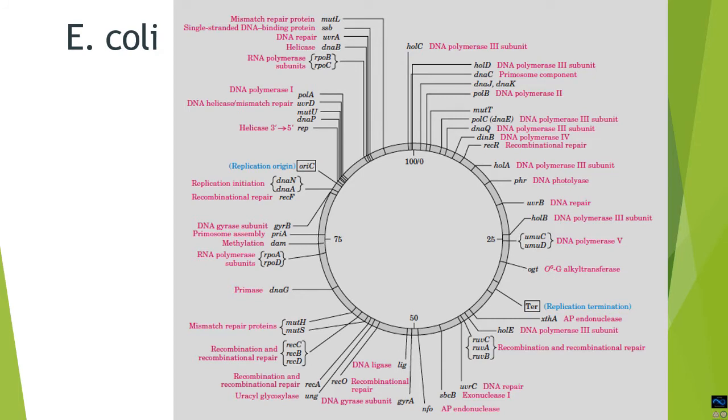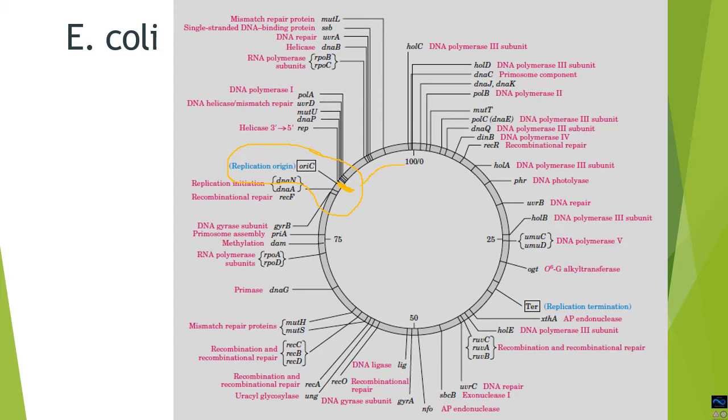In this figure, you will see the E. coli genome in its complete structure. There are two important regions present in the circular DNA. One is the OriC region, also called the replication origin region, where replication starts.